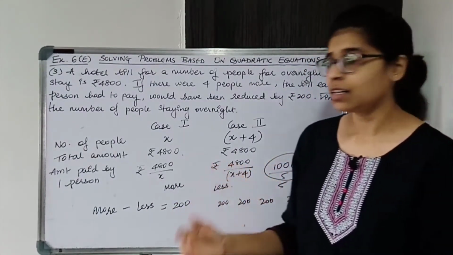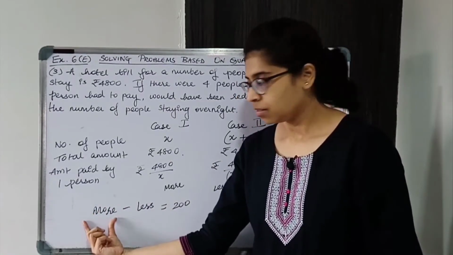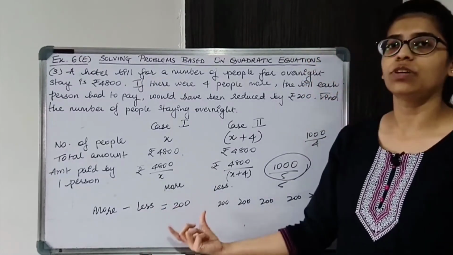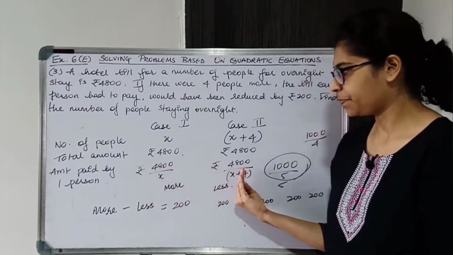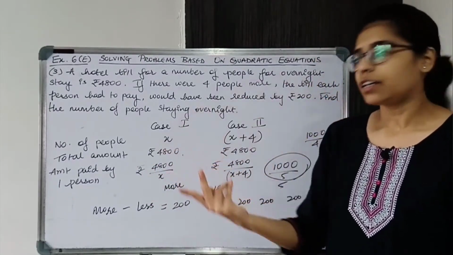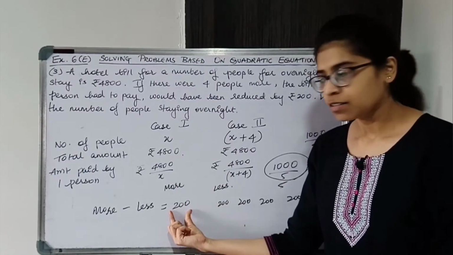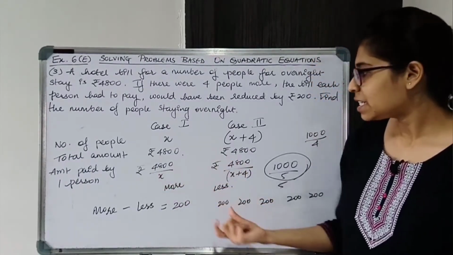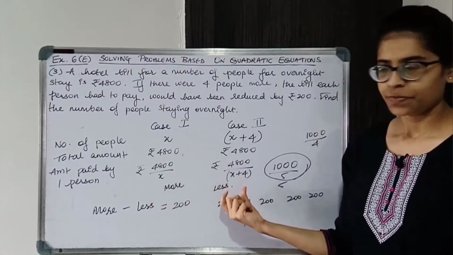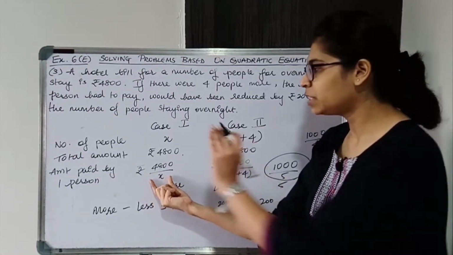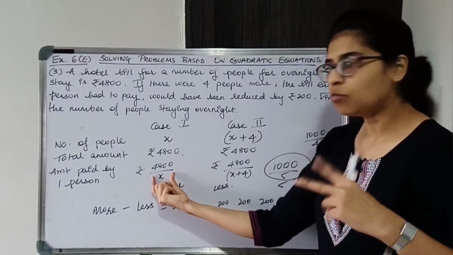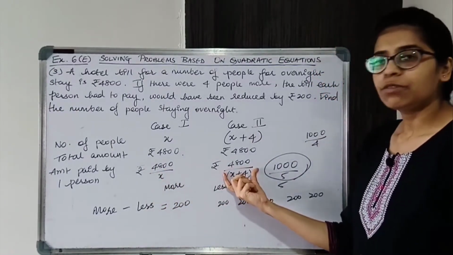That is basically the amount paid by one person, which is more, minus the amount paid by one person which is less, is equal to 200. Difference in the amount paid by one person in both the cases, दोनों का difference क्या है? 200 है. ठीक है? So which one will be more, which one will be less? Simple, the numerator is same, check the denominator. ठीक है? डिनोमिनेटर यहाँ पे कम है, it means it will give you more, it is an inverse relation है, so it will become more amount paid, here it will become less.